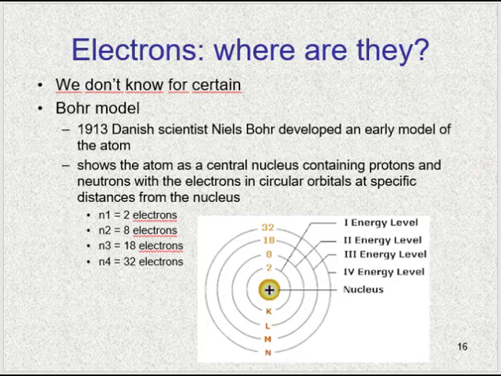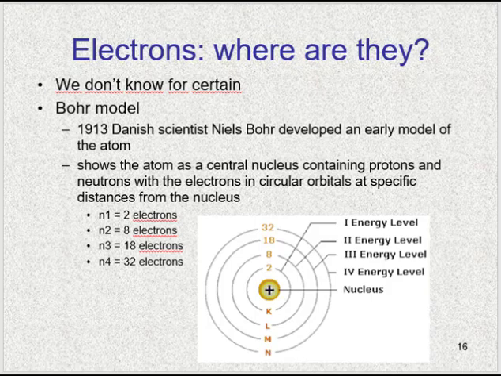Now, we tend to represent electrons on the outside of the nucleus within this nice little circle. However, that's just one way that we represent where we think electrons probably are. This common model was developed by a Danish scientist in 1913. It shows the atom as a centralized nucleus containing the protons and neutrons, with the electrons in circular orbitals at specific distances from the nucleus.